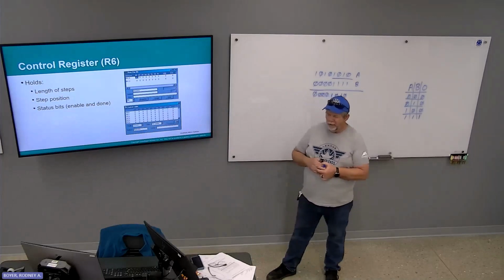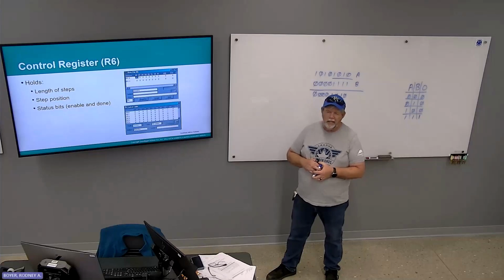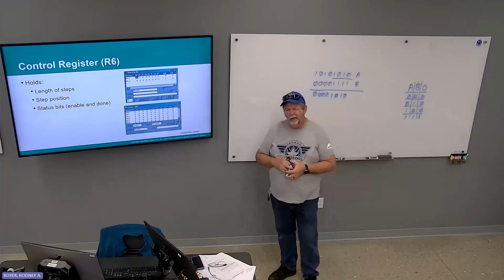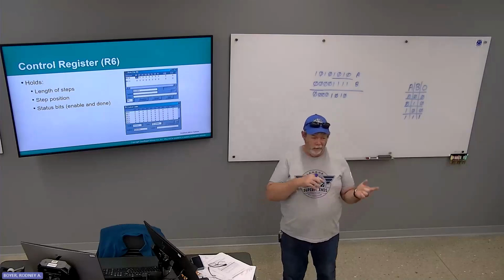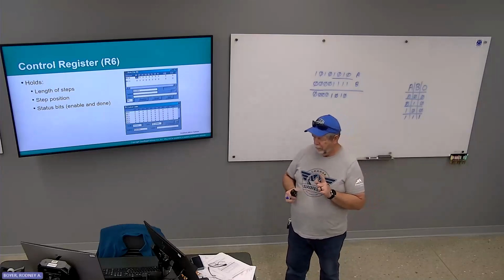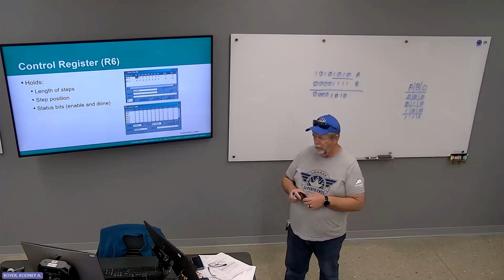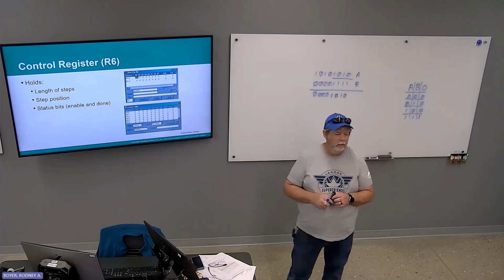The control register holds the length of the steps, step position, and status bits. The only status bits that you're really going to be interested in, though, are done, because it's frequently used for resetting the sequencer, and ER, which is the error bit.